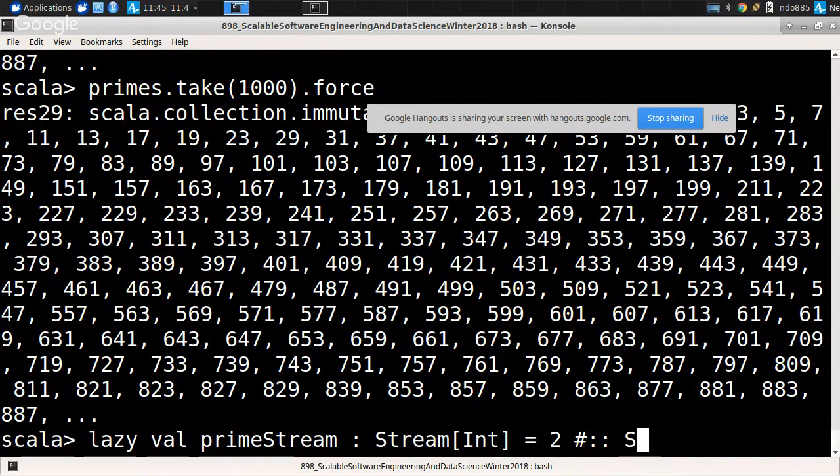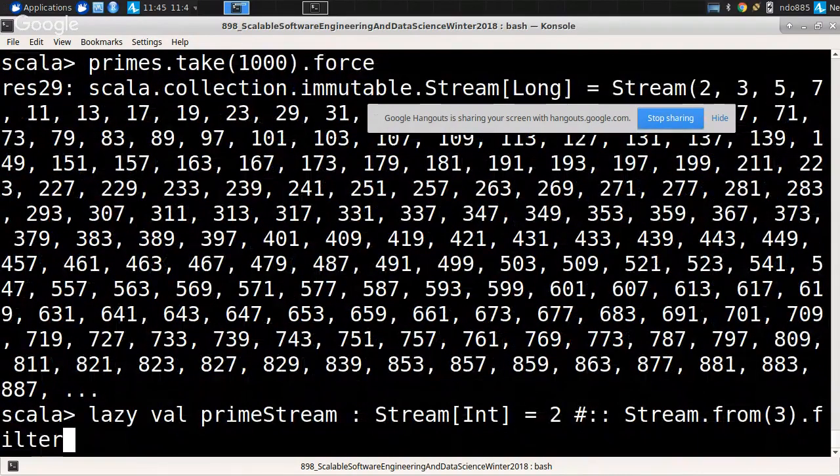Okay, stream dot from 3. What does that give us? What does stream dot from 3 give us? 3, 4, 5, 6, etc. Dot filter. Oh my gosh, there it is.